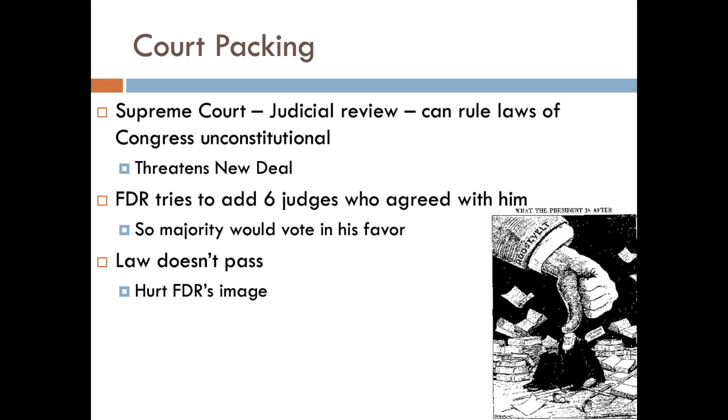This wasn't necessarily unconstitutional, but a Supreme Court justice's term is for life. When they're picked and passed by Congress, they can be a sitting Supreme Court justice for the rest of their life or until they retire. What FDR wanted to do is force them out at 70 so that he could push in some of his own yes men.